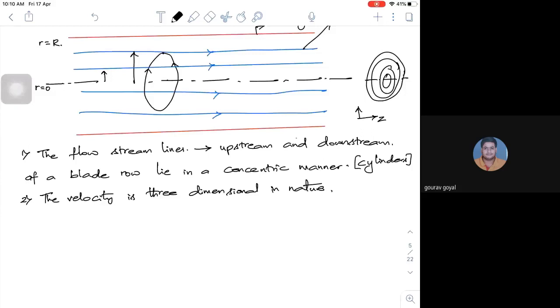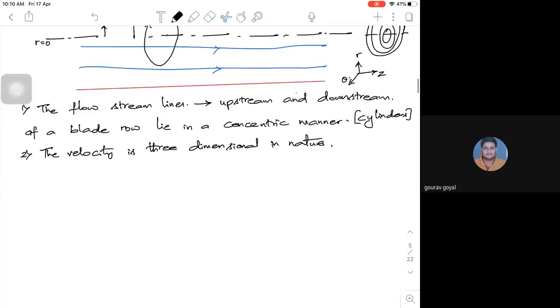If I go with the Cartesian coordinates, I can write the velocity components as Vx, Vy plus Vz. This is for the Cartesian. Here, in an axial flow compressor, I am going to use the cylindrical coordinates.